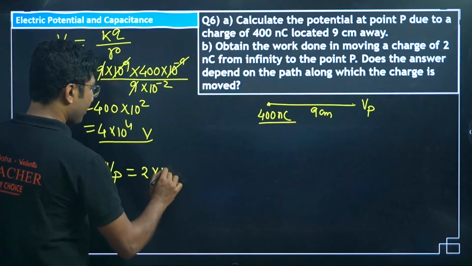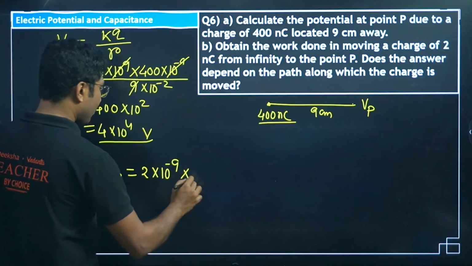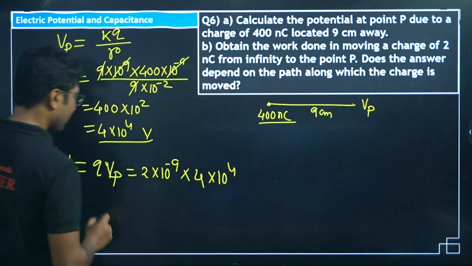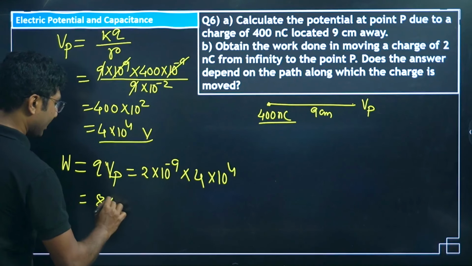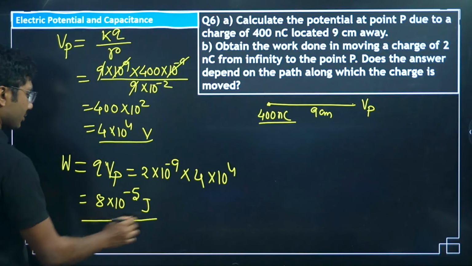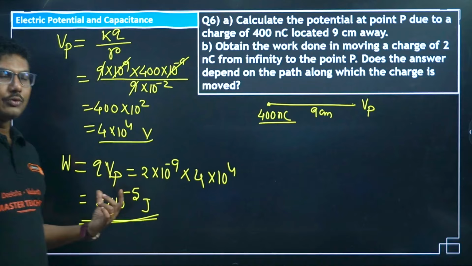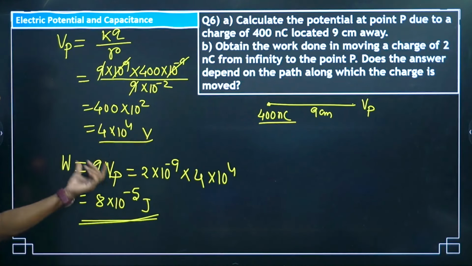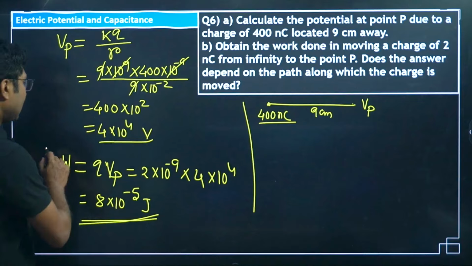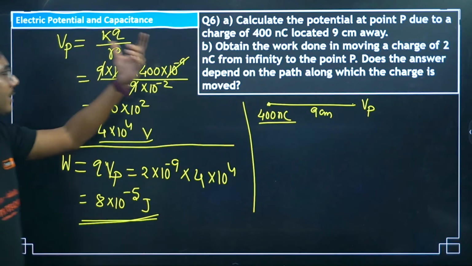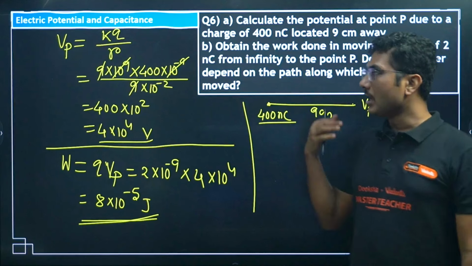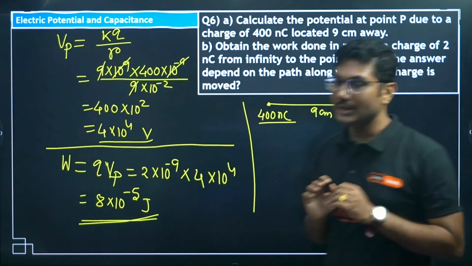So, 2 into 10 to the power of minus 9 into 4 into 10 to the power of 4. So, it will be 8 into 10 to the power of minus 5, and the unit of work done is joules. Okay. So, this is the work done to bring the charge from infinity to the point P. Easy question, no rocket science, simple. If you get a numerical question from this chapter, you should consider yourself lucky, because the numericals from this chapter are relatively easy.